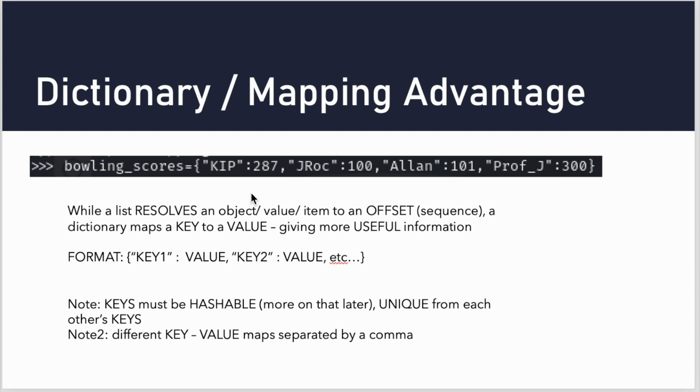So Kip paid $8.20 for pizza and pop. J-Rock bought some candy, and his bill was $4.02, and then Alan, maybe he got whatever, and then Professor J, maybe I got a hot dog and a pizza, and it cost me $5.24. So that would be a nice thing to keep track of.